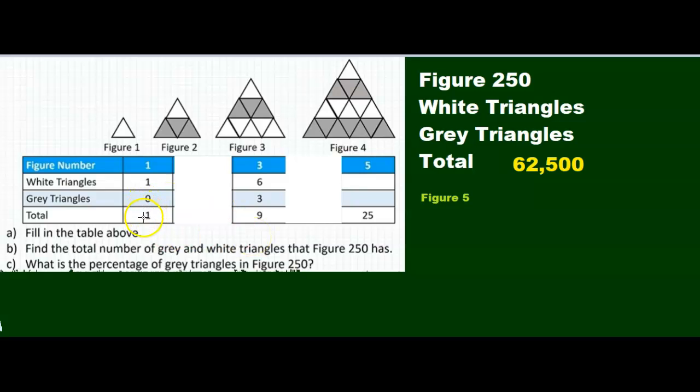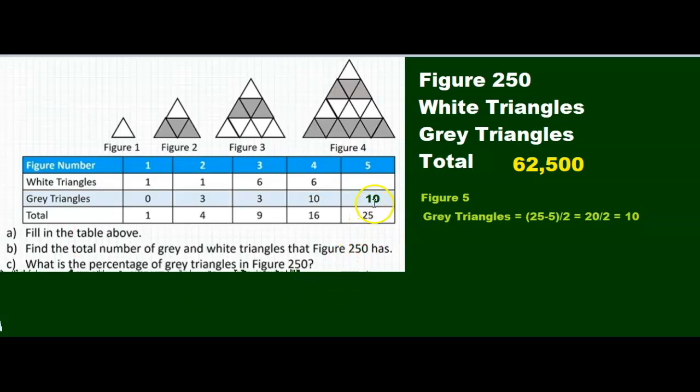They're doing 1 minus 1 divided by 2 is 0. Again here, 9 minus 3 is 6. 6 divided by 2 gives you 3. So the number of gray triangles in figure 5 is 25 minus 5 divided by 2, which gives us 20 divided by 2, which gives us 10.